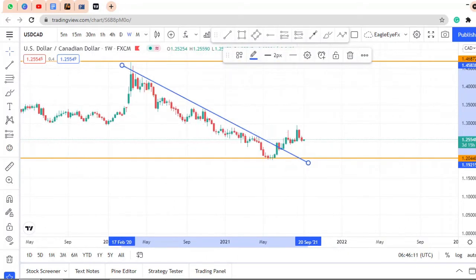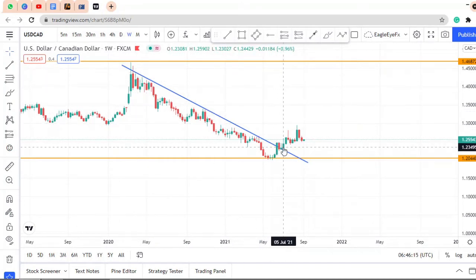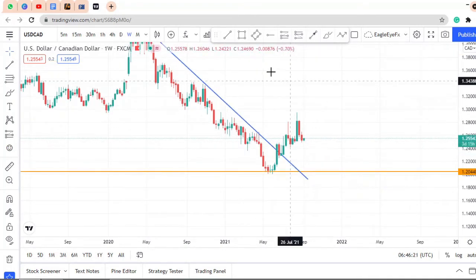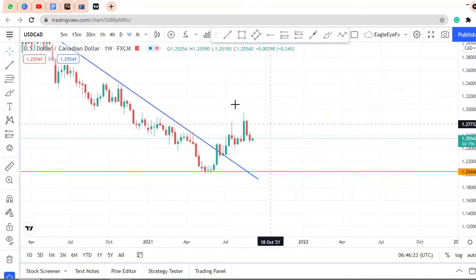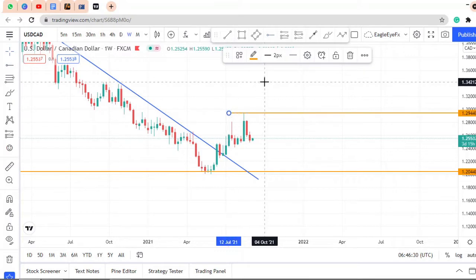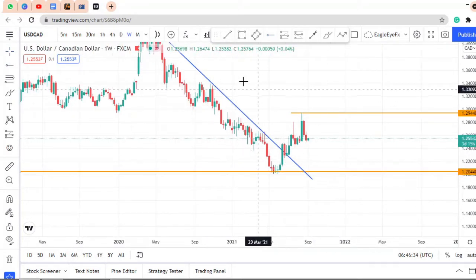Then what I see is it was obeying this level, and then we see a break of this trend line. Then it's like it's trying now to push to the upside. Okay, so I can mark this place here, the highest it has reached so far. Then we have this as our lowest level.